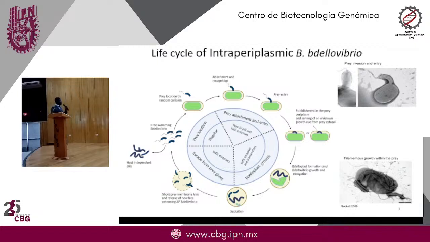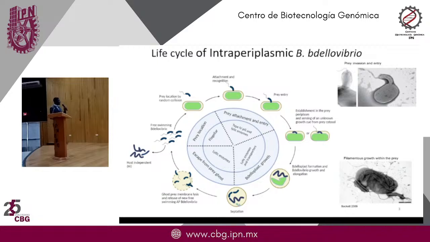So the attack phase consists of Bdellovibrio moving very fast and attaching itself to the prey. Then it enters into the prey, and because we're talking about intraperiplasmic, it establishes itself in the periplasm of the prey.